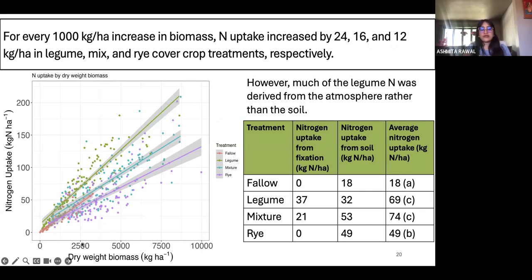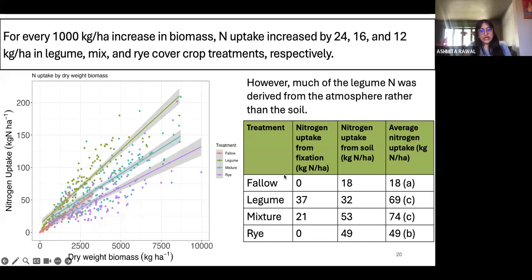And we found that for every 1,000 kilogram increase in the biomass, nitrogen uptake increased by 24 kilogram per hectare in legume, 16 kilogram in mixture, and 12 in rye cover crop treatments. And although we did see that there was overall highest nitrogen uptake in our legume as well as mixture, they were not statistically different. However, much of the legume nitrogen was actually derived from atmosphere rather than soil.